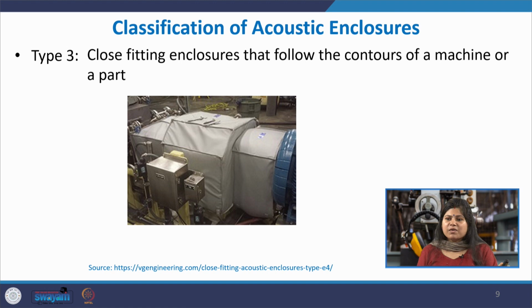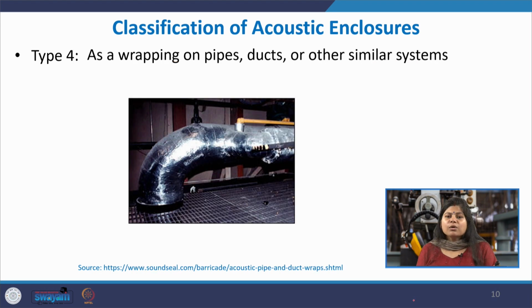You do not want to have even small boxes or small sub rooms for components of the machinery. Then you can go for some close fitting enclosures that follow roughly the contours of the machine or the part, something like this.